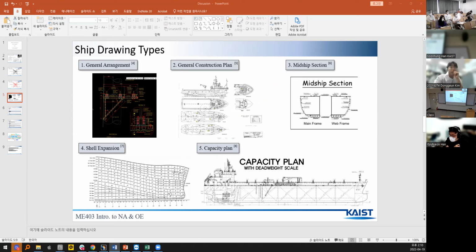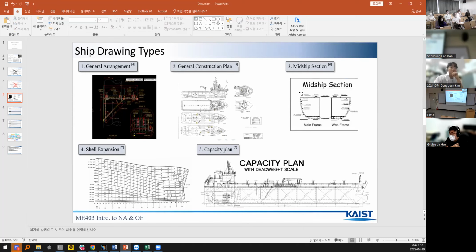The general construction plan shows the whole steel arrangement: the whole centerline cross section, the longitudinal section, and the plan view of each deck. And the midship section is a cross section of the engine compartment on one side and the hold section on the other.